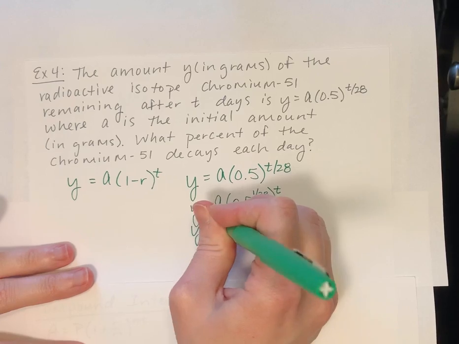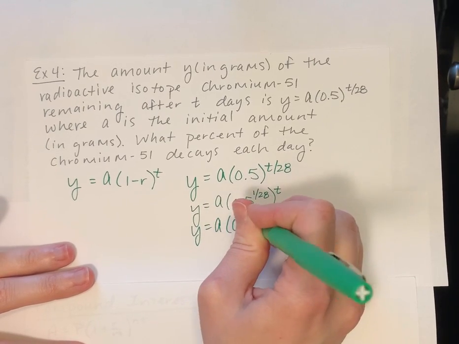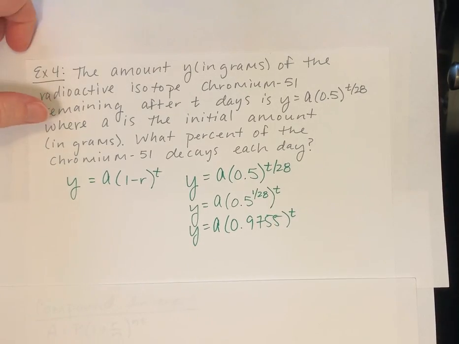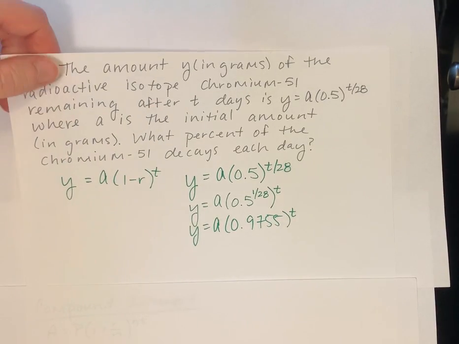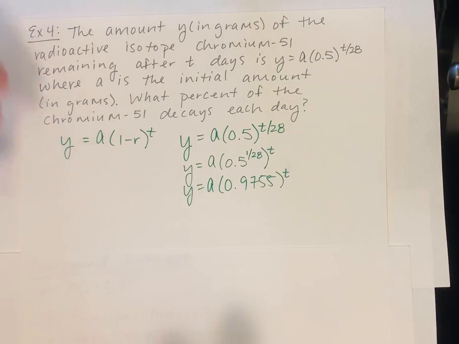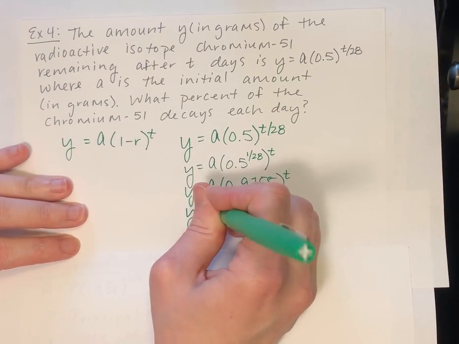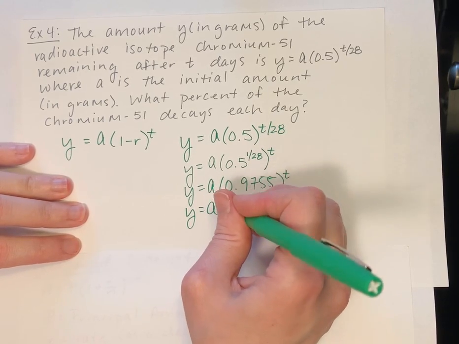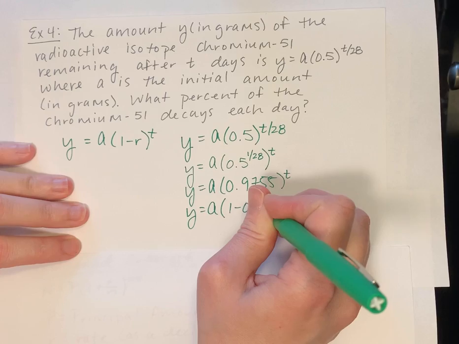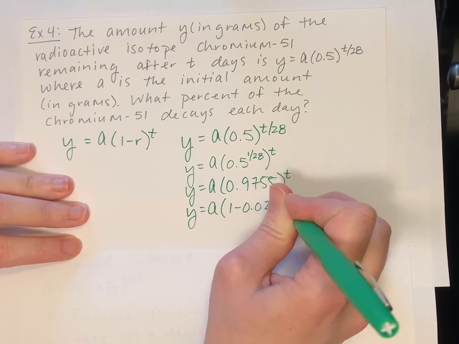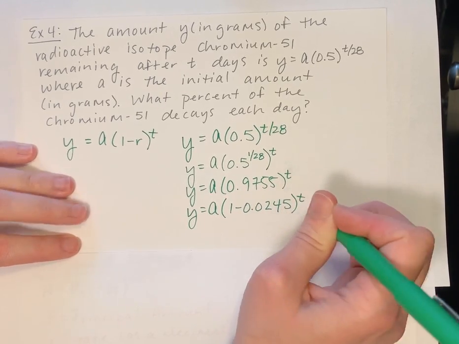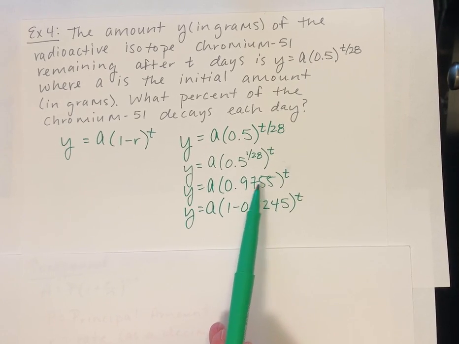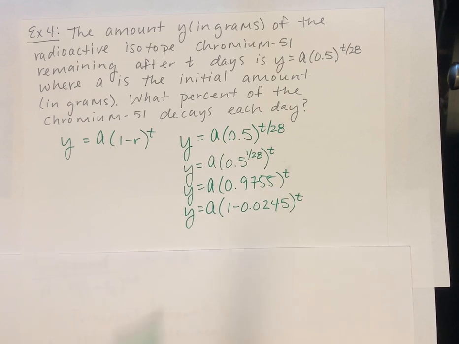So that would be 0.9755 to the t power. And then if I rewrite this, it'll be y equals a times 1 minus 0.0245 to the t. Because I'm looking for what this can be rewritten as to get 1 minus something.